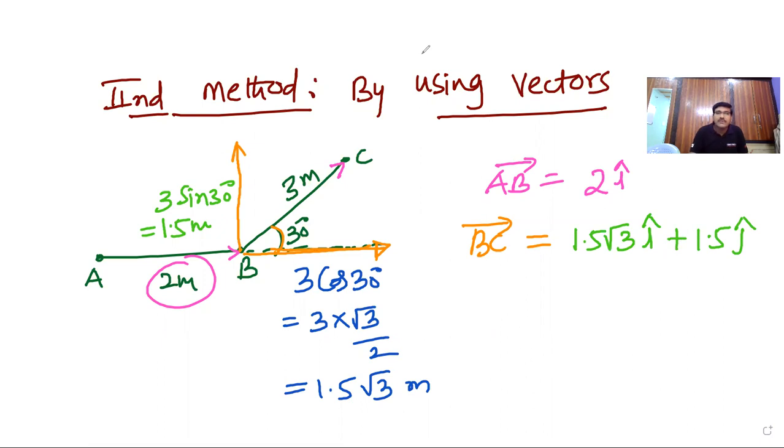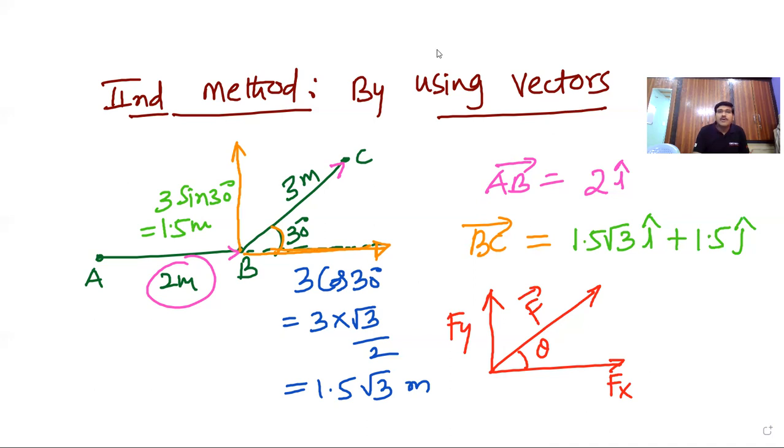If this is a vector F making theta with the horizontal, this is Fx, the horizontal component, and Fy is the vertical component, then the F bar vector is written as magnitude of Fx along the x-axis into unit vector along x-axis, i cap, plus magnitude of F along y-axis, Fy, into unit vector along that direction, positive j cap. Same we have written here.